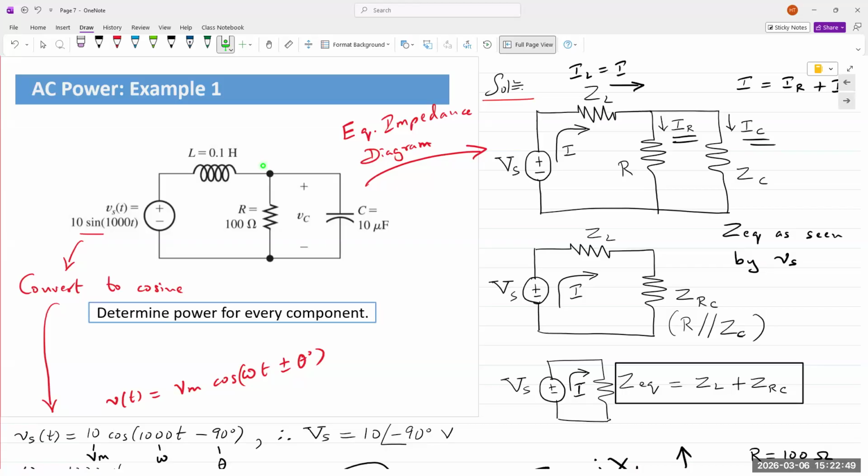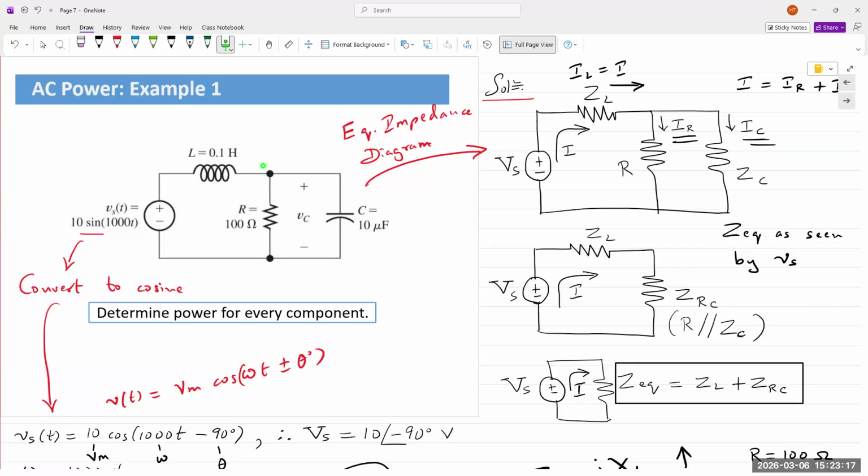If you wish to find power for those components, we need to know either the voltage or the current in that component. If it's a resistor, we need to know the value of the resistance. If it's an inductor or capacitor, we need to know the reactance, or we can calculate the reactance. But that's all we need. So the power equation, V squared over R, or I squared times R, is what we're trying to get at.